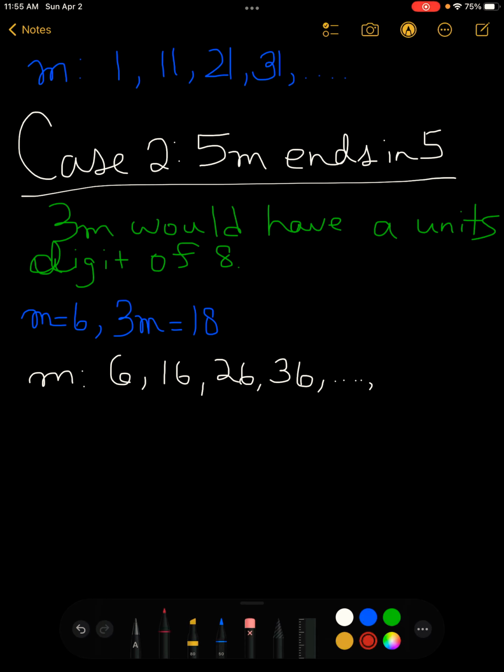Now let's combine the sequences that we determined in each of these cases into one big sequence.